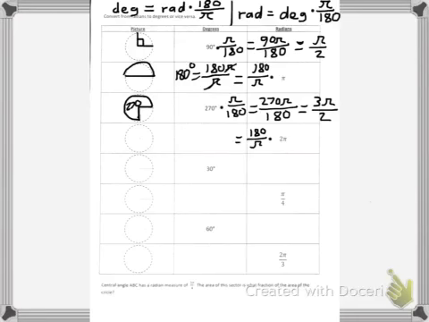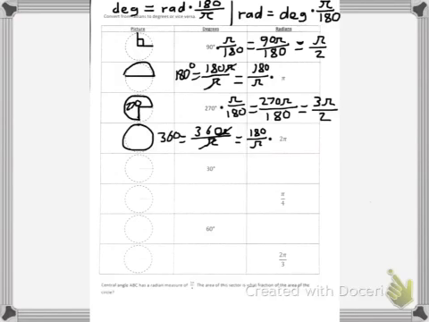All right, when I do that, 2 pi times 180 would be 360 pi over pi. Well, once again, those pi's cancel each other out right there, so I'm just left with 360. Okay, so we know that 360 is one time all the way around this circle. Okay, so 2 pi and 360 are the same thing.